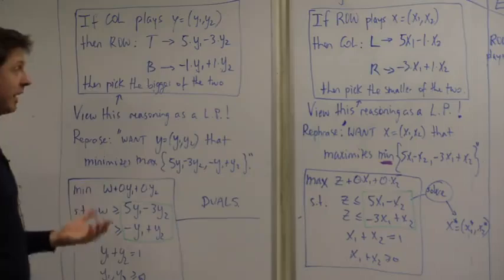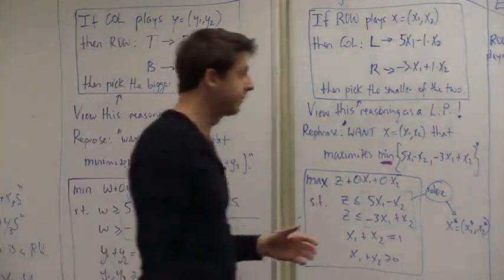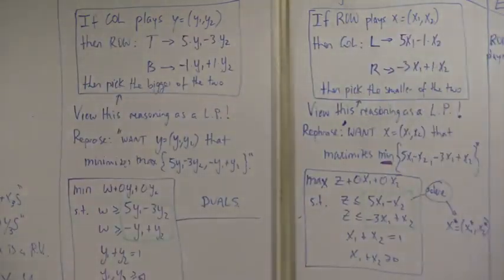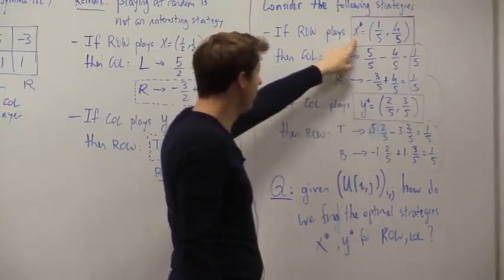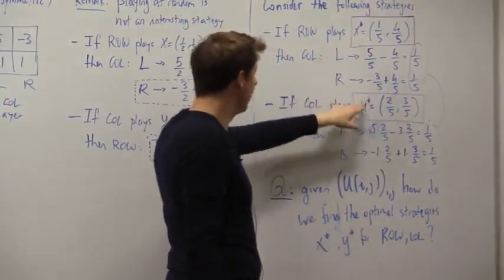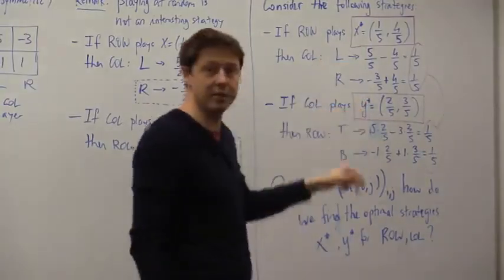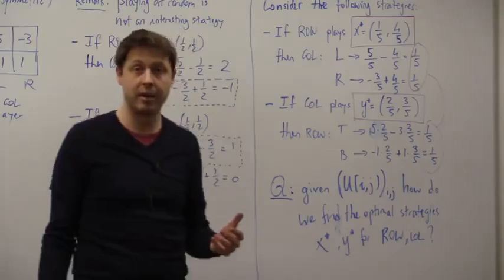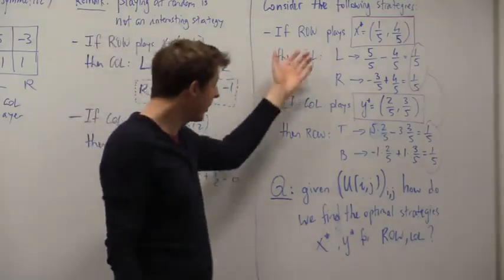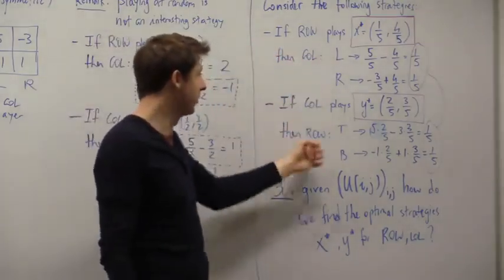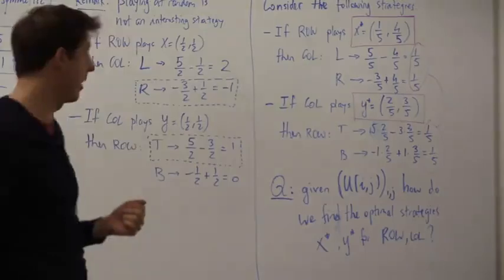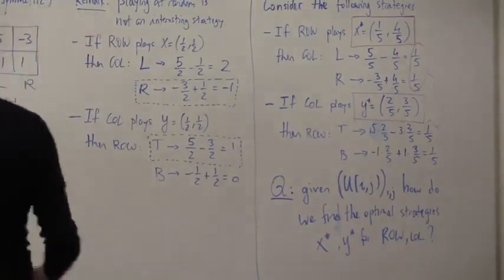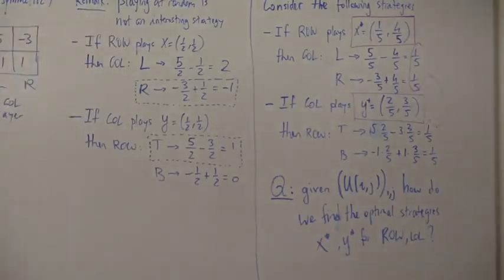It turns out it is the value of the game, and that is precisely why, in this case, X star achieved the value of the game at 1 over 5, Y star achieved the value of the game 1 over 5, and these values are the same. Because the strategic reasoning of one player is the dual of the other, and so there is a solution which is the maximum and minimum respectively of each of their optimization problems.